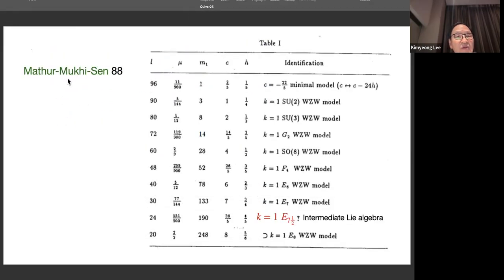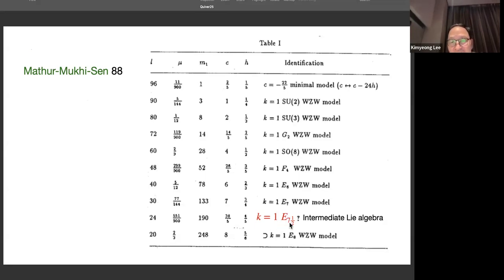Now, Mathur, Mukhi, and Sen discovered this table where the two character cases are taken, identifying the central charge, 2/5, 1, 2, 14/5, and so on, and the conformal weight of the non-vacuum primary operator. They identified all of these as level 1 Wess-Zumino models, except the first one, which is the Lee-Yang theory.